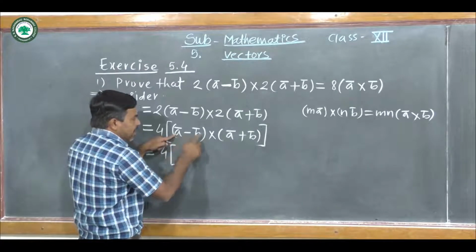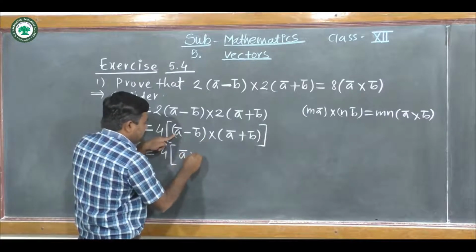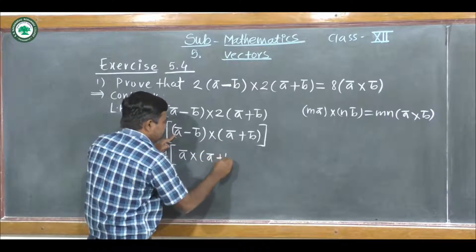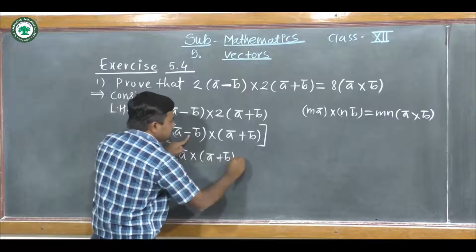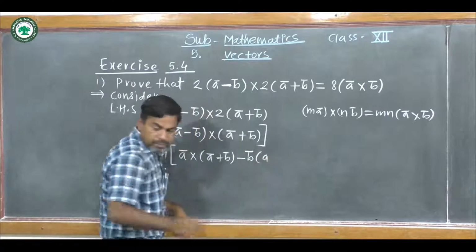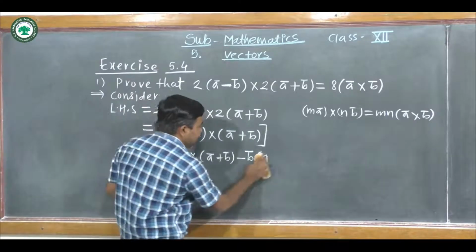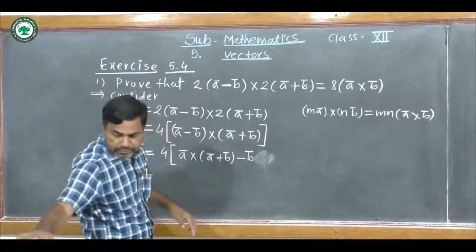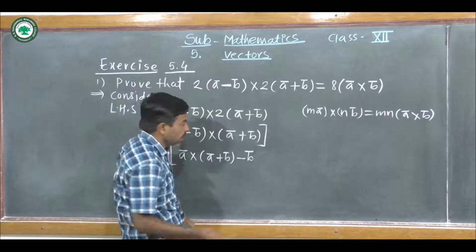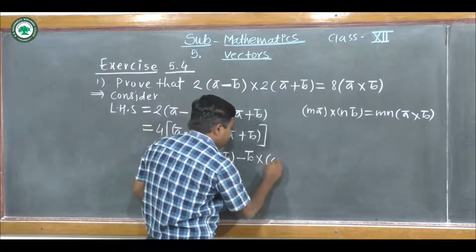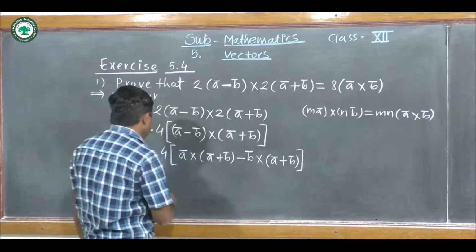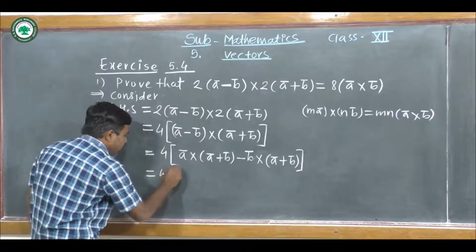So a bar cross a bar plus b bar, minus b bar cross a bar plus b bar. Again it is equal to 4 in bracket.